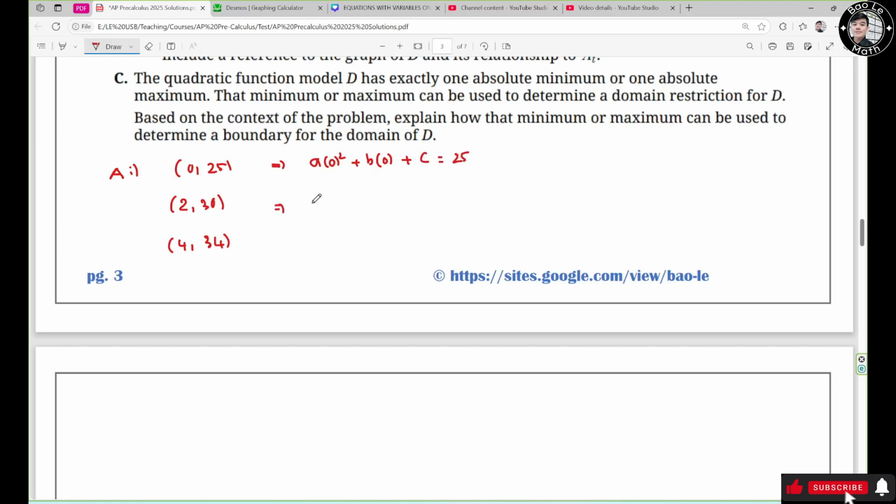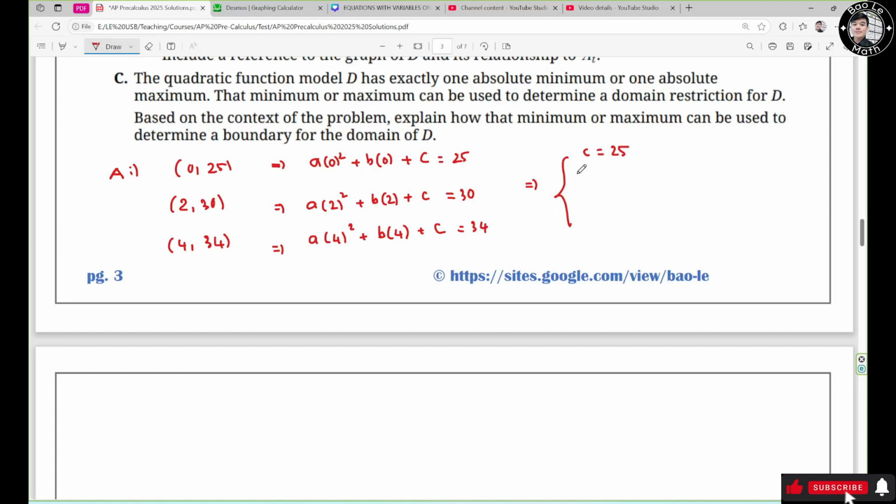Second equation, a times 2 squared plus b times 2 plus c equals 30. The third equation, a times 4 squared plus b times 4 plus c equals 34, right? Now I'm going to simplify these. The first one, c equals 25.